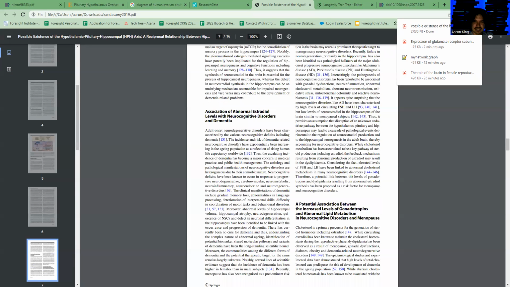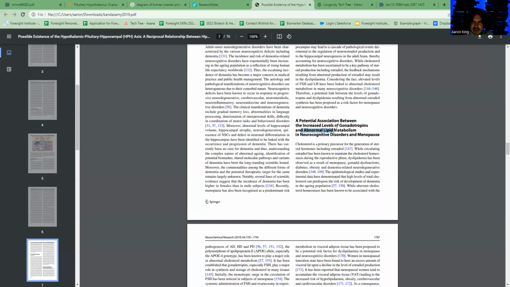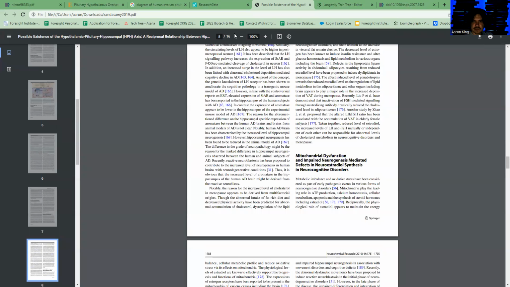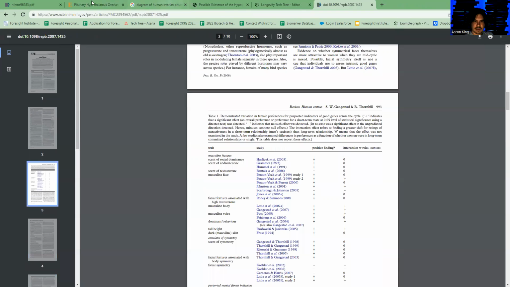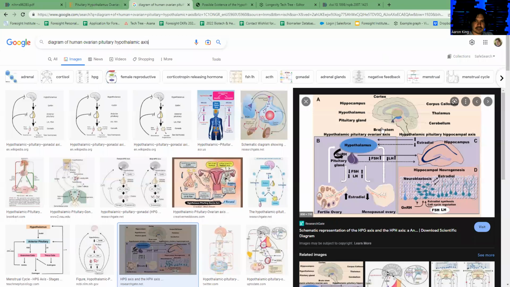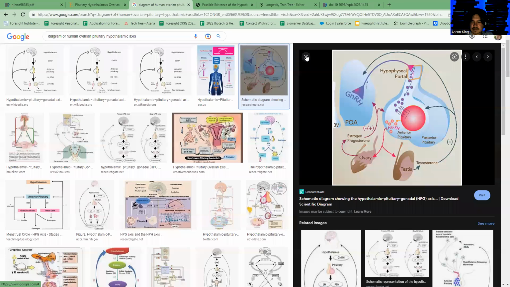I'm talking about liquid metabolism. Okay. Well, let's continue looking at other diagrams. How about that? Ovary, testes, testosterone.